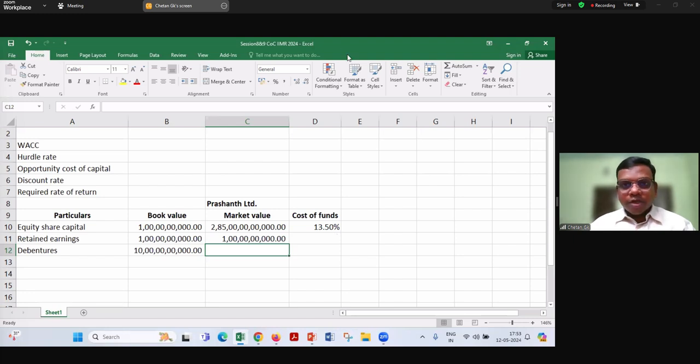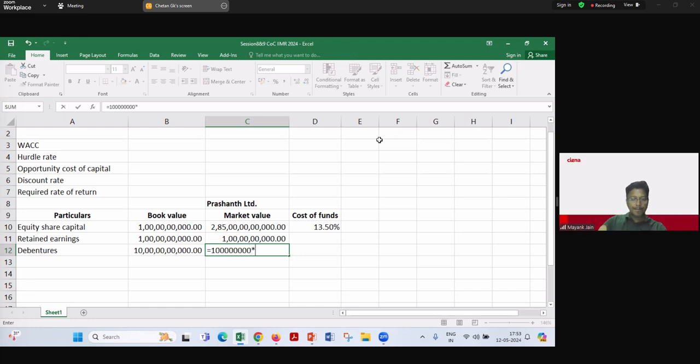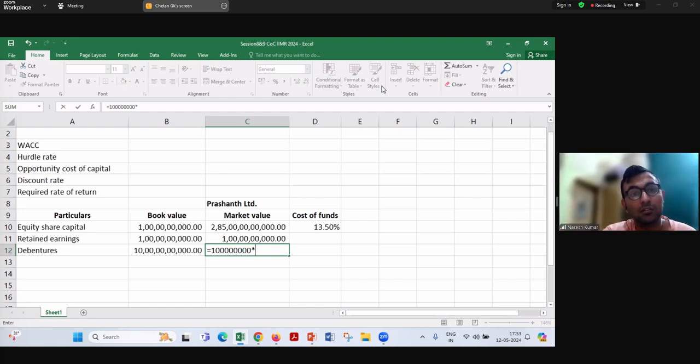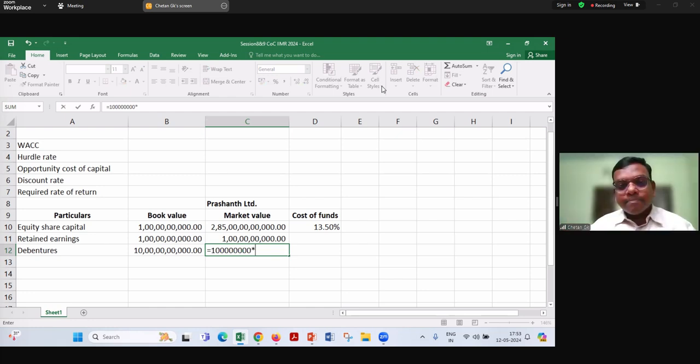So tell me now, what is the market value of this? 10 crores of debentures. What are debentures? A type of bond. It is a fixed income bearing security. Everybody knows what debentures are.